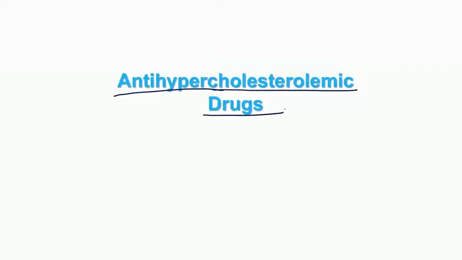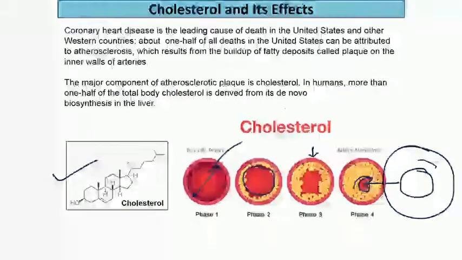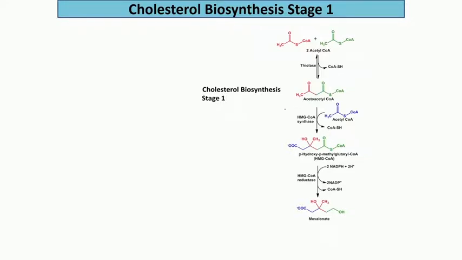The meaning is basically nothing, it is a term, but the meaning is: hyper means a higher value of cholesterol, so how do you lower the higher value and maintain it at the normal level. Today we are going to discuss how to manage the cholesterol level in the blood.